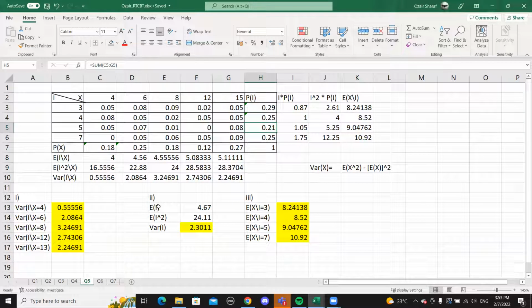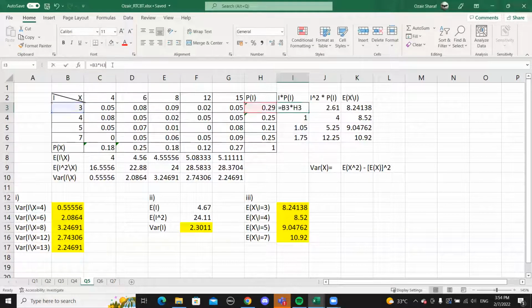Okay, to find the expectation of I, we need to multiply 3 by the probability of 3, plus 4 multiplied by the probability of 4, and so on. You get this.